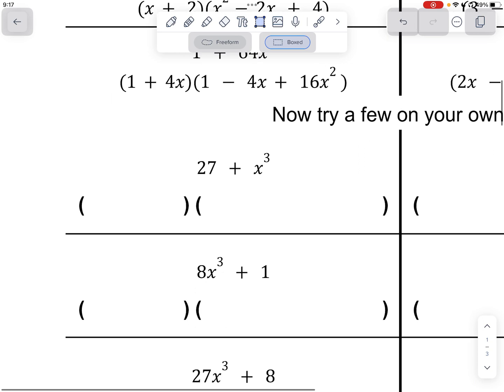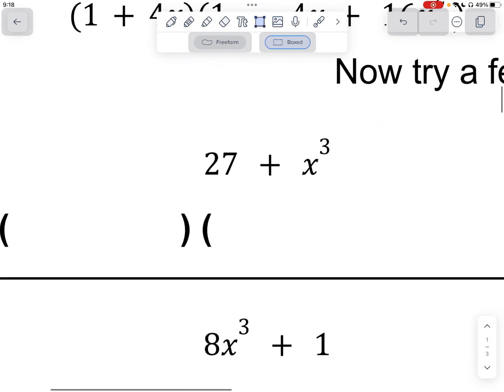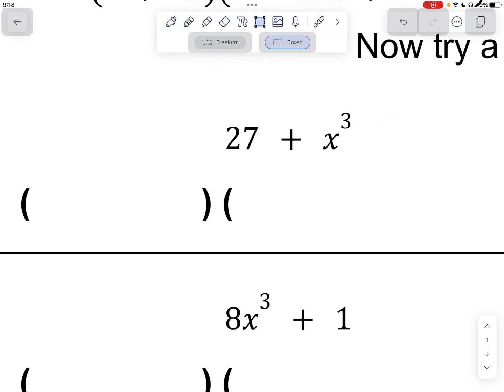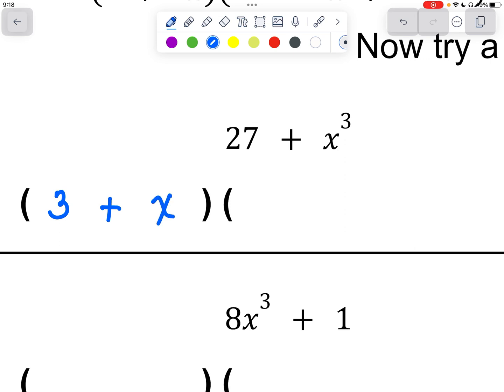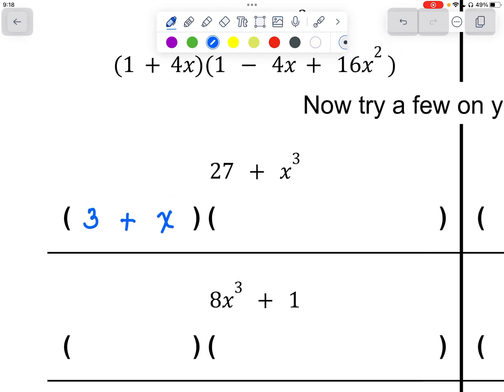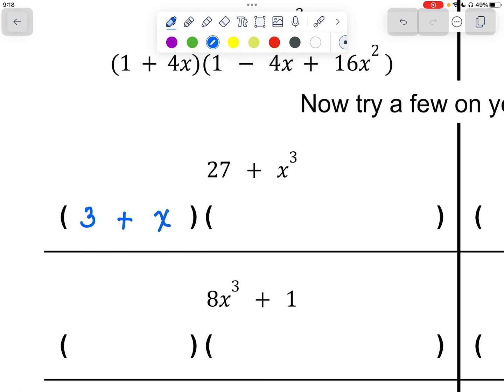So let's look at this next one. Recognize it as the sum of two cubes. We take the cube root of the first term, which is 3, cube root of the second term, which is x, and we keep the plus sign. And the second factor comes from the first. We're going to square the 3.